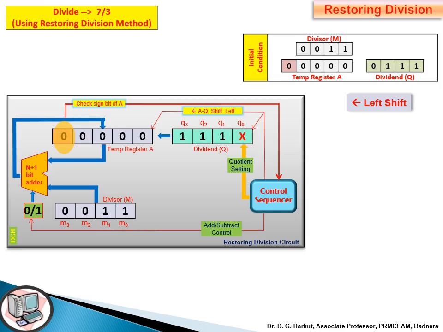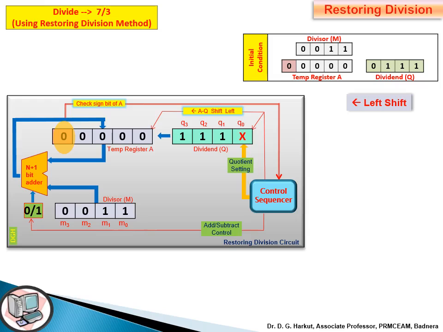After left shift, the content will be like this. Because of the left shift operation, space is created at LSB in register Q, which will be filled by either 0 or 1 depending on the sign of temporary result.